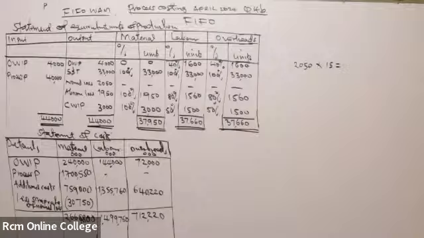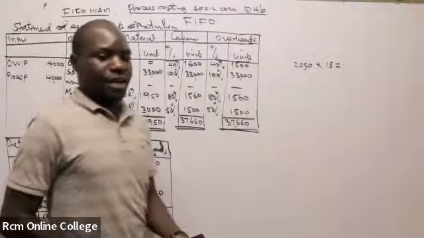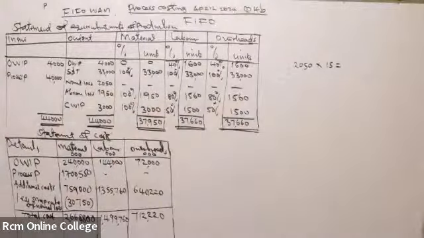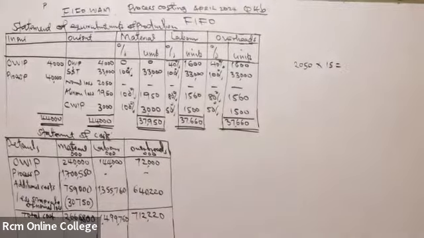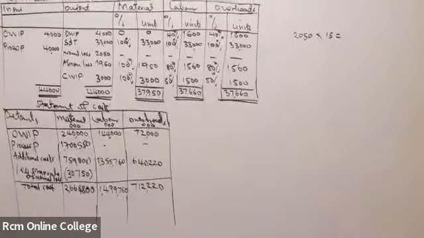Good. So what I want you to do is very simple. Can you confirm that all these figures are correct? Can you confirm that our figures on the board are all correct?